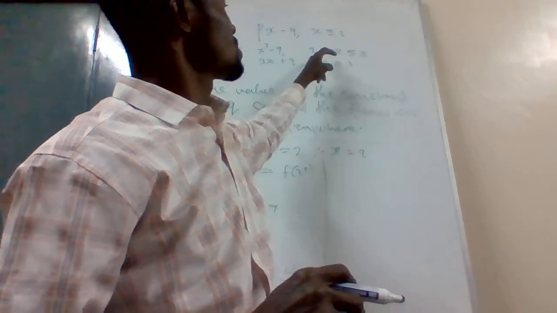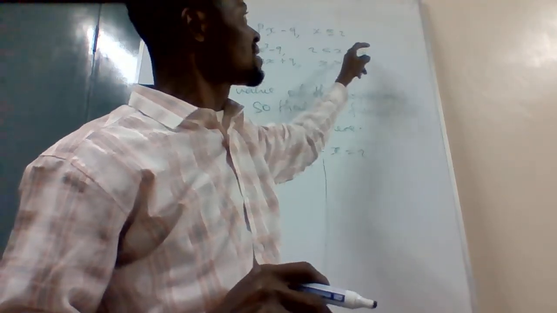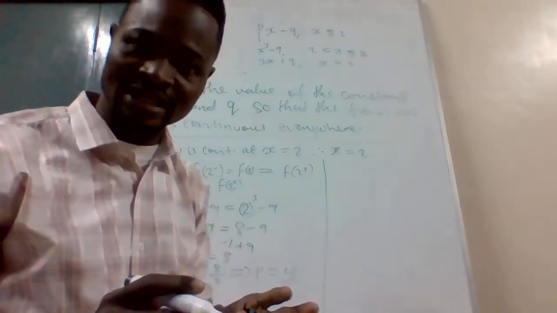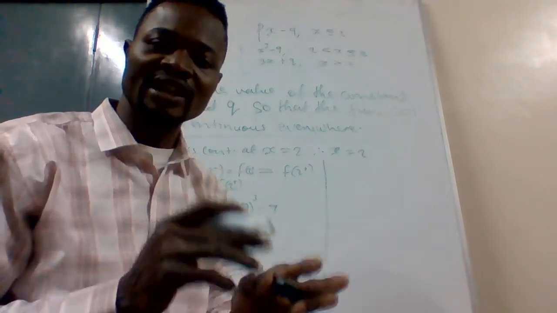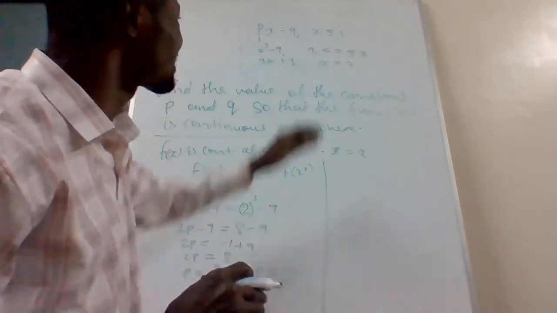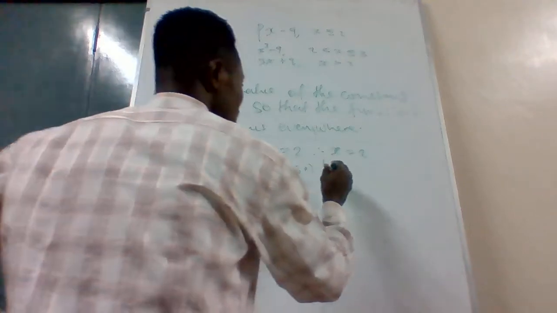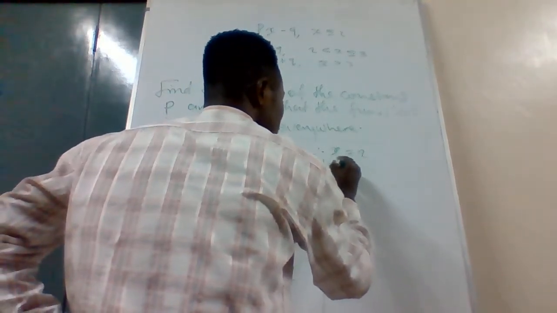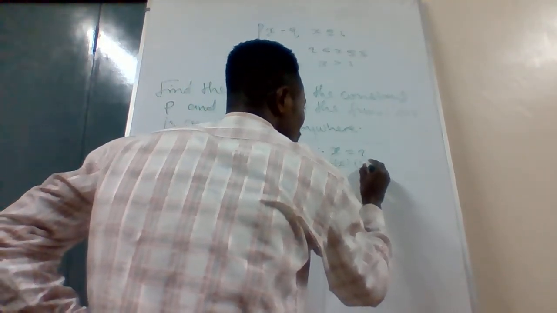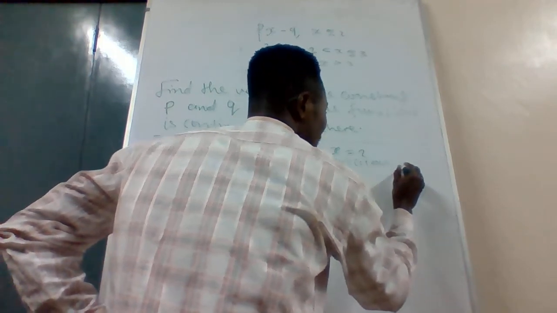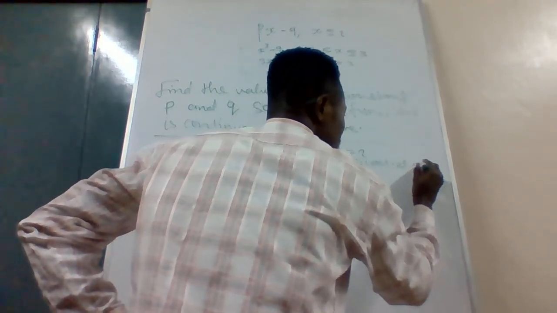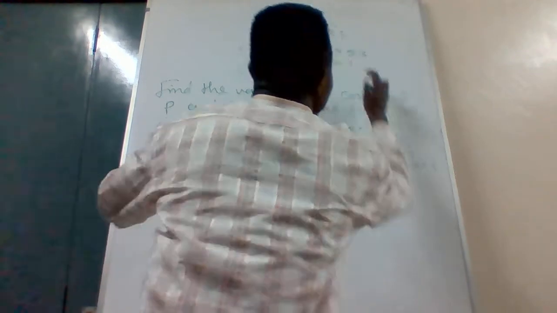And we know that 2 is less than x and it is also less than or equal to 3. So it means that the function f of x is also continuous at x equals to 3, which is this.